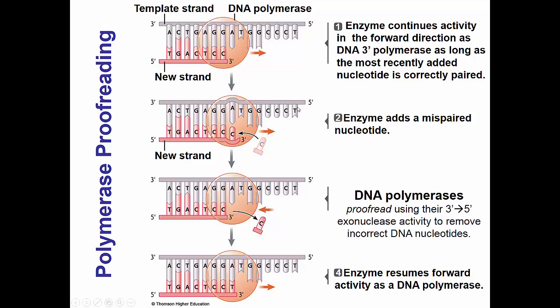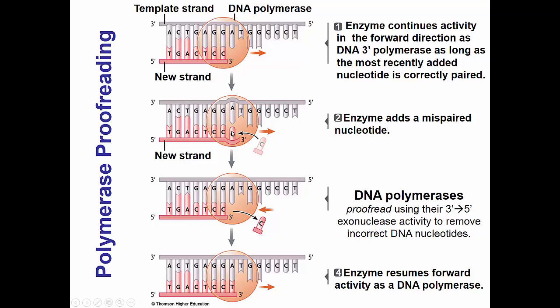So essentially what happens during proofreading is that DNA polymerase is synthesizing the new strand of DNA, and it inserts an incorrect nucleotide. So you have a mismatch here. Now this will actually distort the helix, causing sort of a bump in the DNA helix.